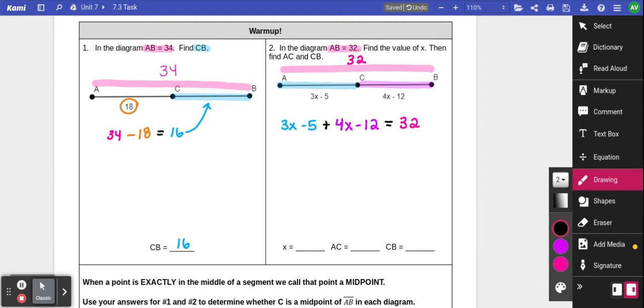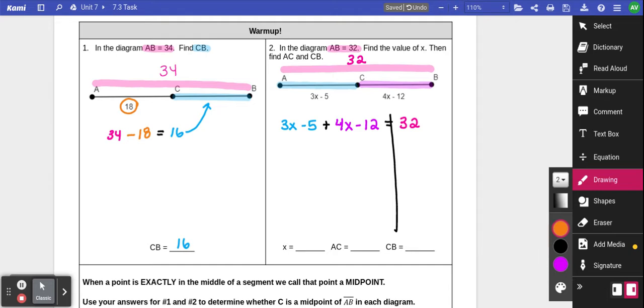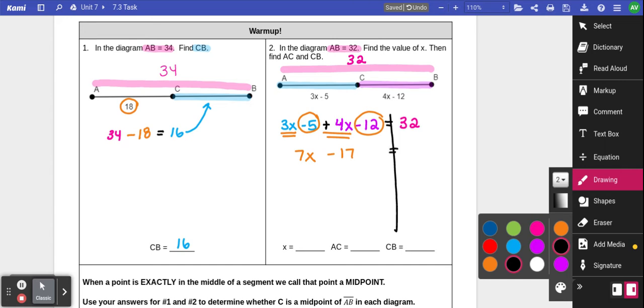We're going to go ahead and solve this equation. And so my first step for solving is actually going to be to combine the like terms. So 3x plus 4x gives me 7x, and negative 5 minus 12 gives me negative 17. And then I'm just going to drop down the 32.